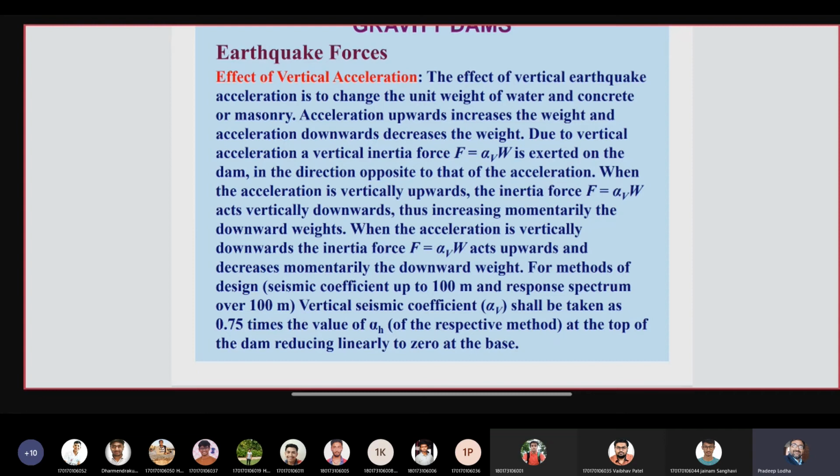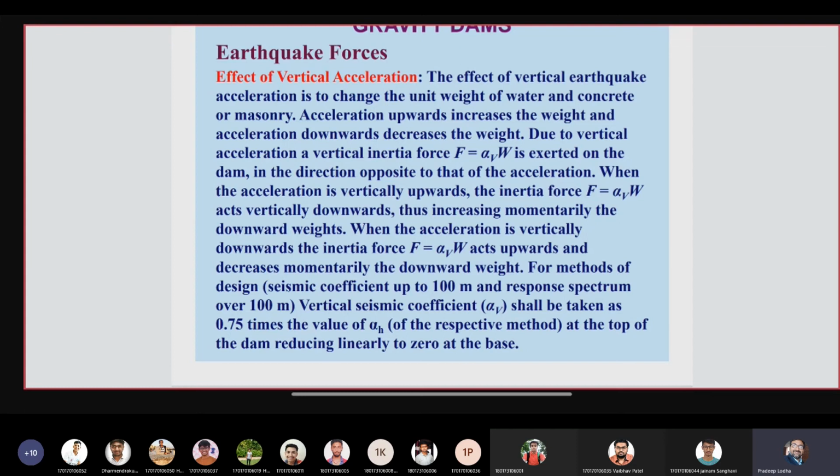Here, the effect of vertical acceleration, meaning in the z direction, the effect of vertical earthquake acceleration is to change the unit weight of water, concrete and masonry. The unit weight won't actually change, but virtually it would, so this will give you a virtual change in the unit weight.